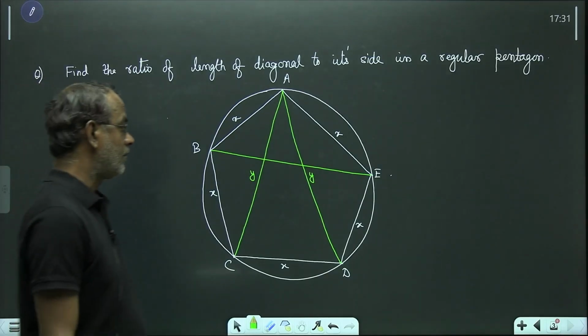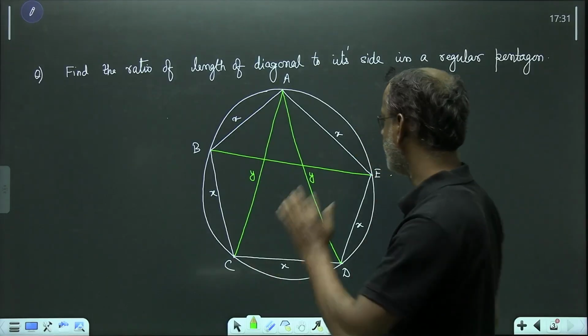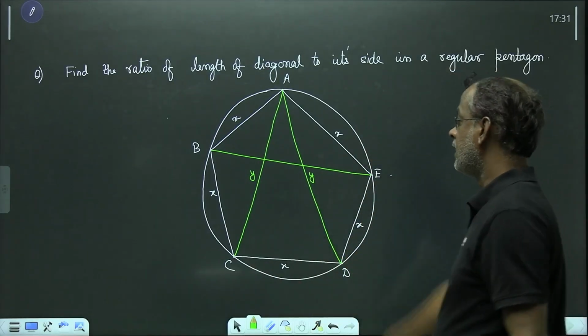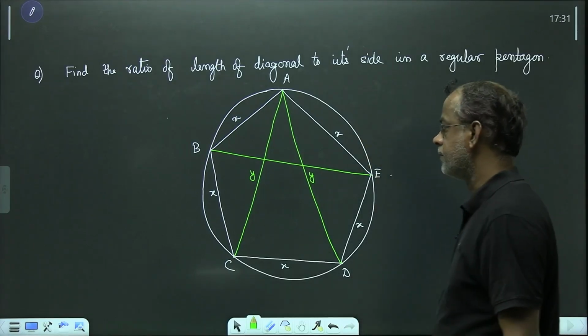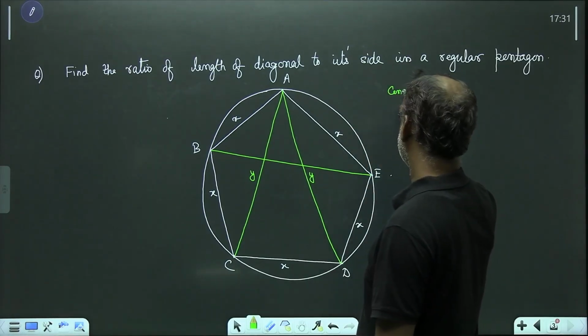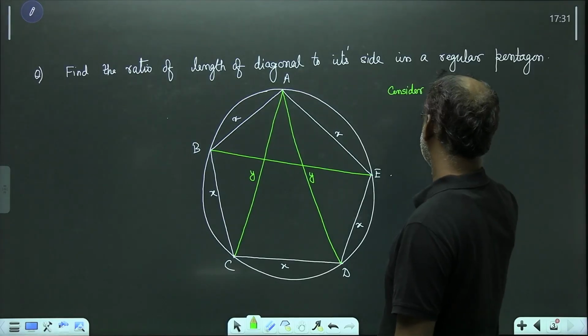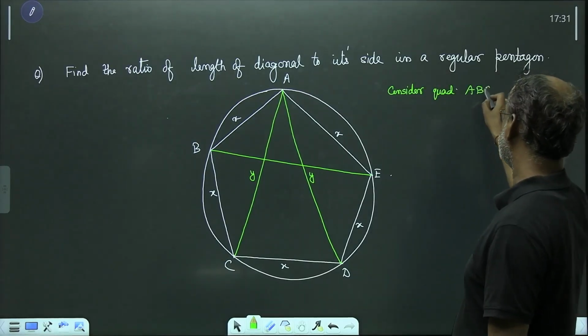Now, I think you are able to conceive what we are going to do. We are going to consider a cyclic quadrilateral. Say I consider the quadrilateral ABCD.